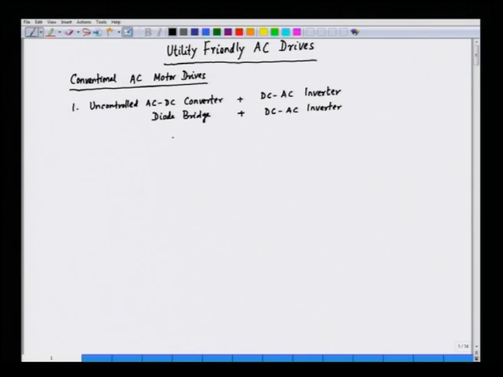If we see the schematic diagram here, we have the diode bridge first and then we have an inverter. The inverter could be made up of IGBTs or GTOs for high power, and here we have a DC link.